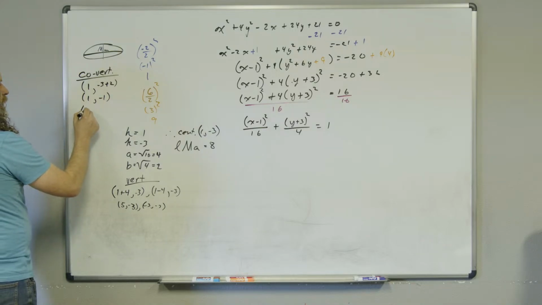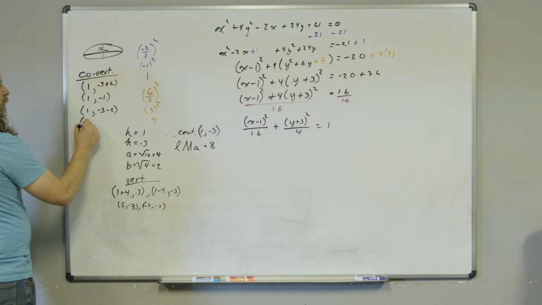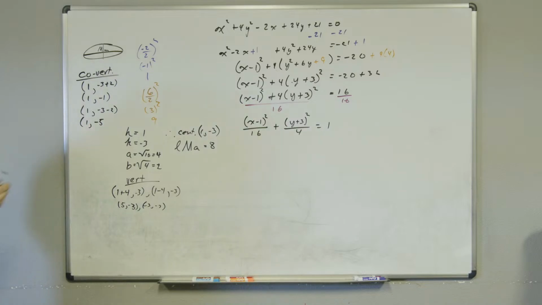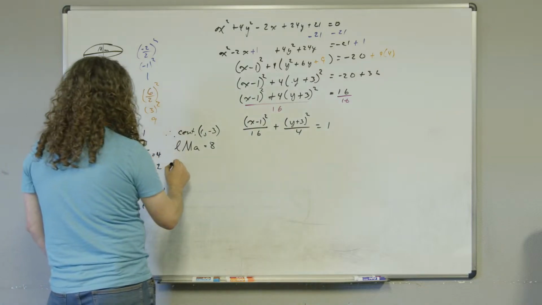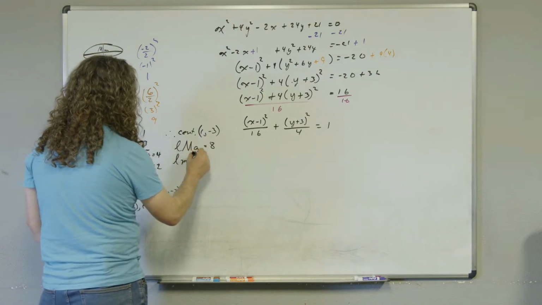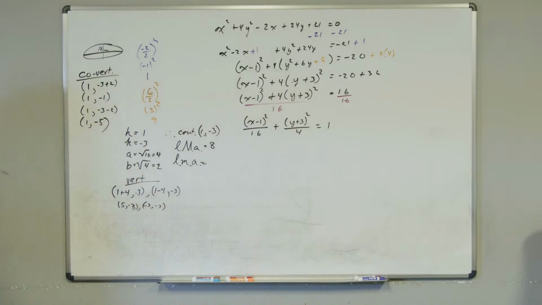And the other one is at 1, negative 3 minus 2, so 1, negative 5. So the length of the minor axis, how would we find that? The distance between negative 1 and negative 5. What's the distance between negative 1 and negative 5? 4.